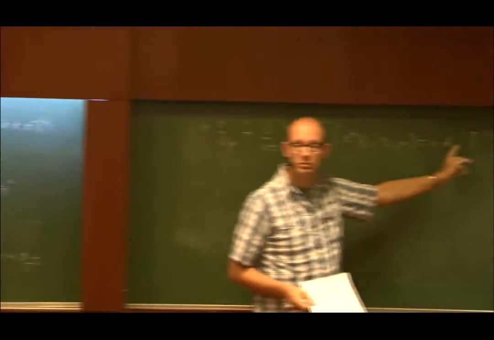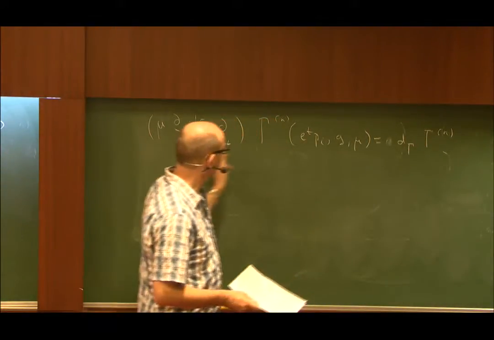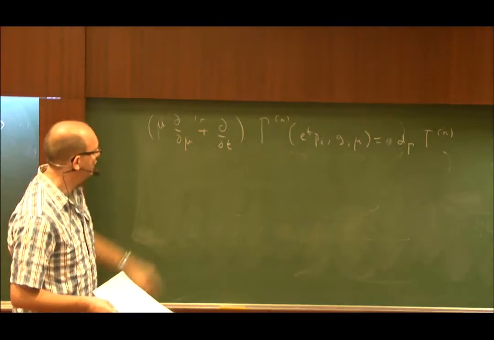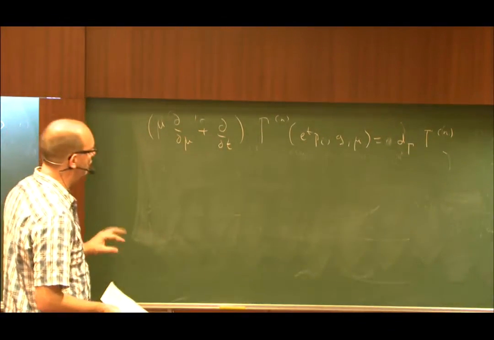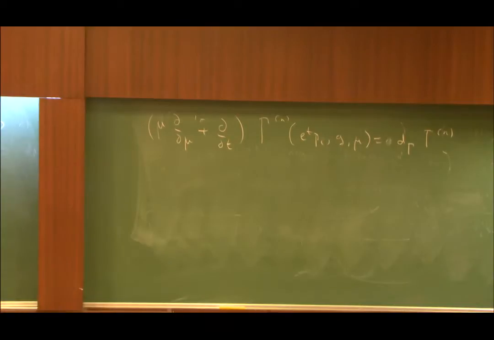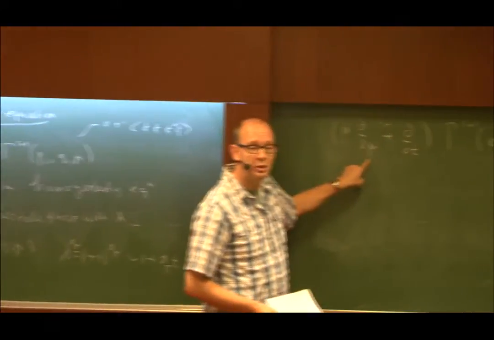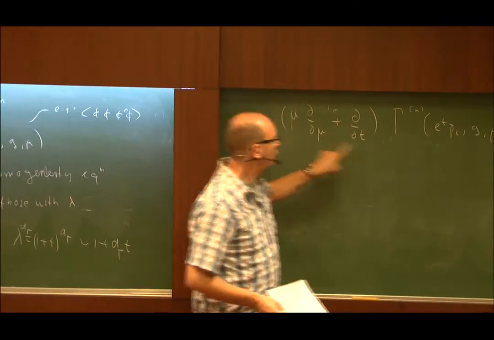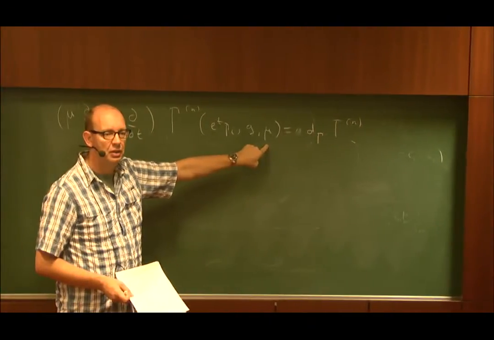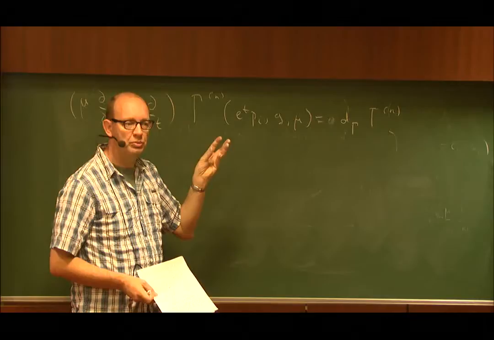Is that clear? The left hand side, well, this way of writing it is just to show that I'm varying mu a little bit and I'm varying the momenta a little bit. If I act with mu dt mu, the explicit derivative, I only act here. So this is a tiny variation in mu.